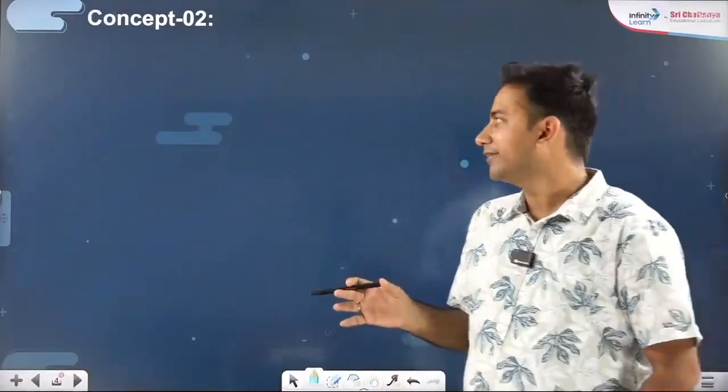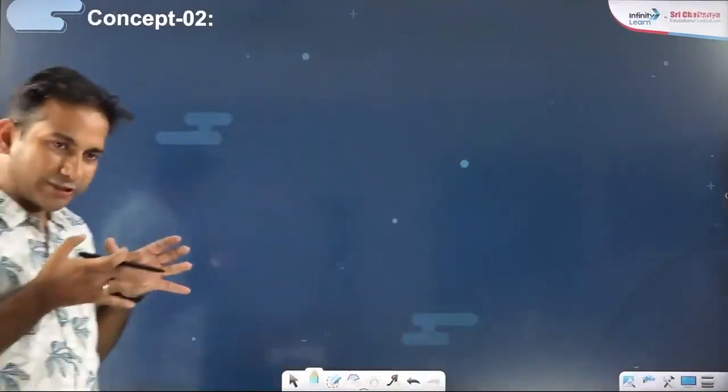Let me take you to concept 2 related to the same thing, that is Galileo's formula. The feeling behind Galileo's formula is that if you just release a body under the influence of gravity, it will keep on getting faster and faster. So in equal time, the distances traveled will be this much, then this much, then this much.